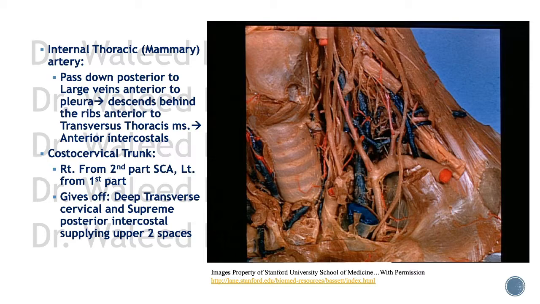So don't forget that when we come to the thorax, and we'll talk about the blood supply of the thoracic cage. Remember the costocervical trunk, because it terminated by giving a deep branch, an inferior branch that's called the supreme intercostal artery, that supplies the first and second posterior intercostal spaces.